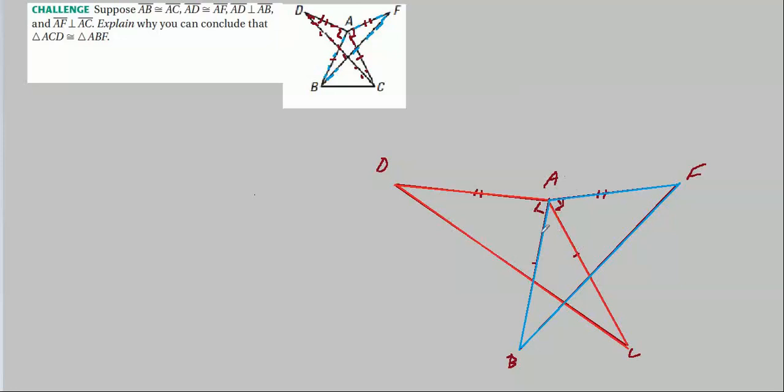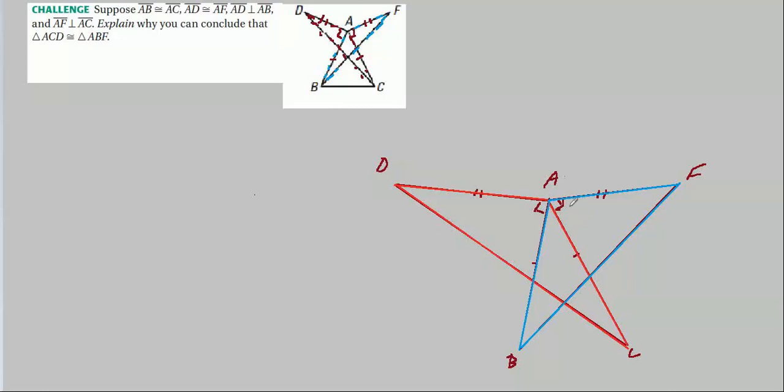This is one leg of this triangle, and this is a leg of this triangle over here. Now, AD and AF, that's this one and this one. They're congruent. So we have two sides that are congruent. So far, so good. If the angles in between were congruent, we'd be all done.